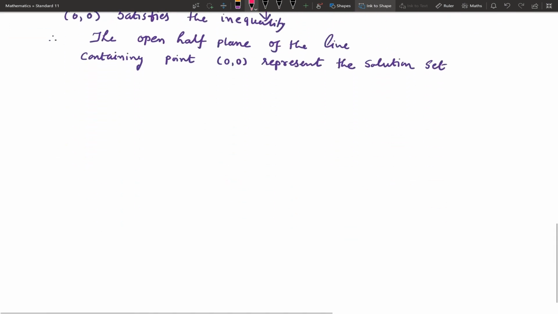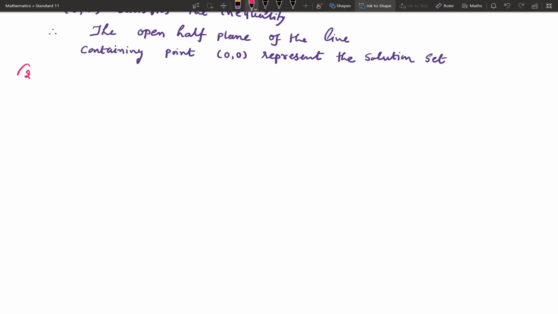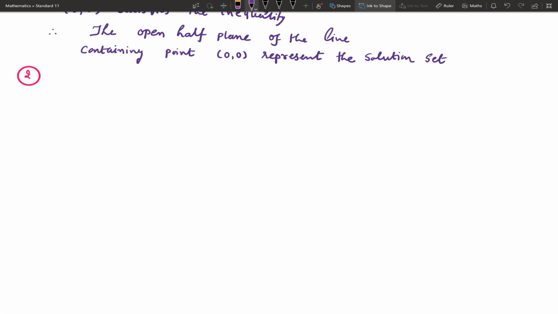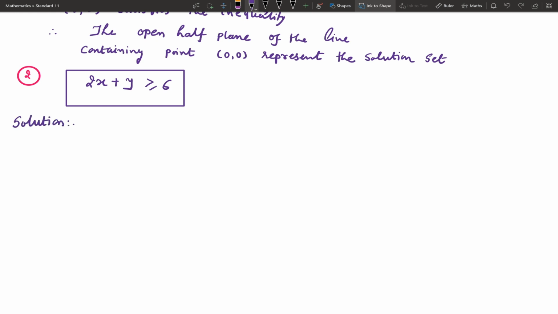We take the next example. 2x plus y greater than or equal to 6. Solution. So first you observe the inequality.